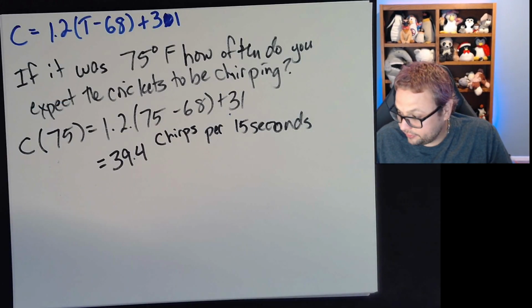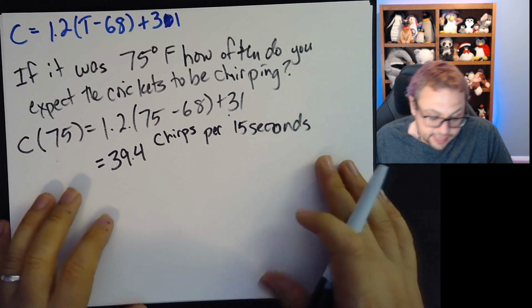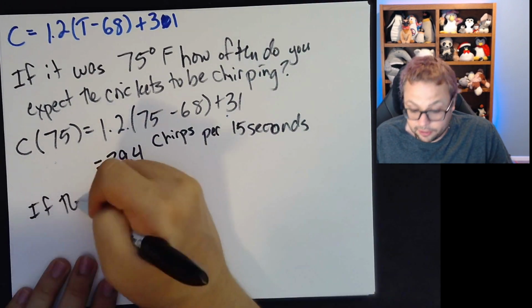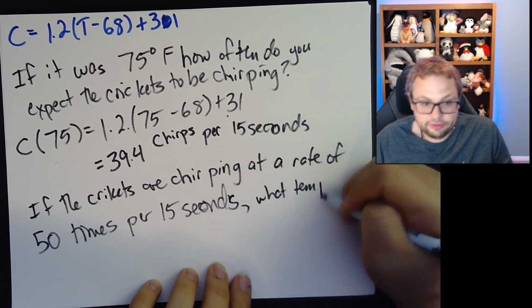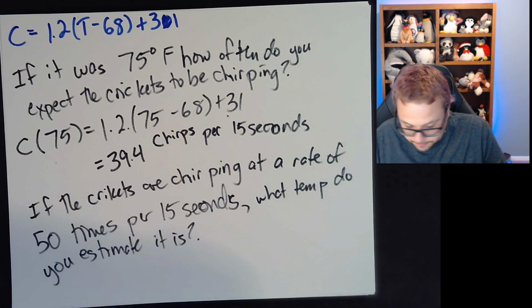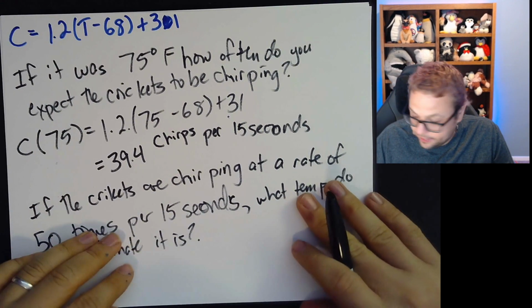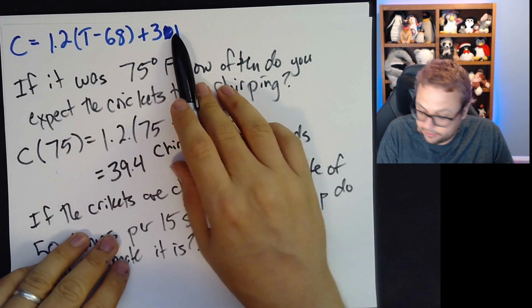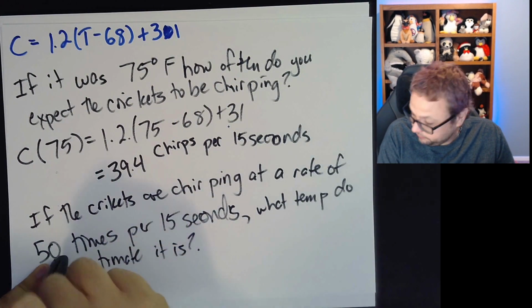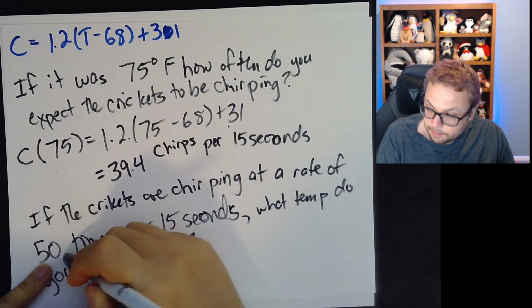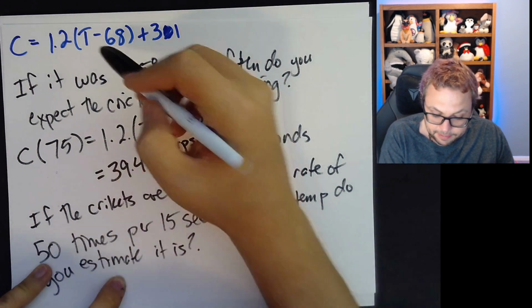Now, we can ask the question the other direction just as easily. So I could ask you, hey, if the crickets are chirping at a rate of 50 times per 15 seconds, what temperature do we estimate it is? And again, to do that, we just go back directly to our linear model. And what do we plug in? We plug in the 50. But the 50, remember, is not the temperature.